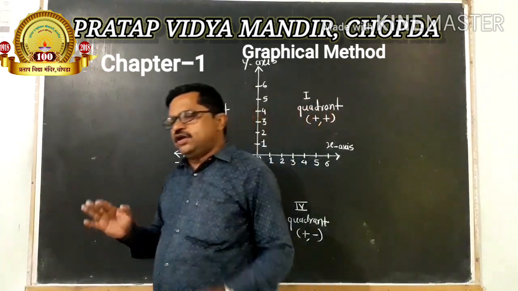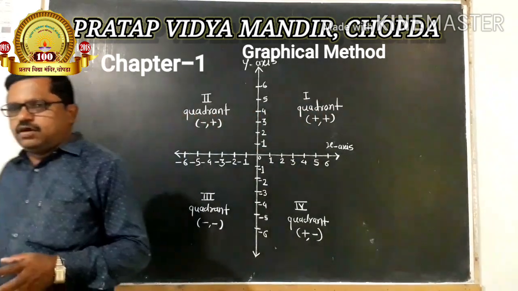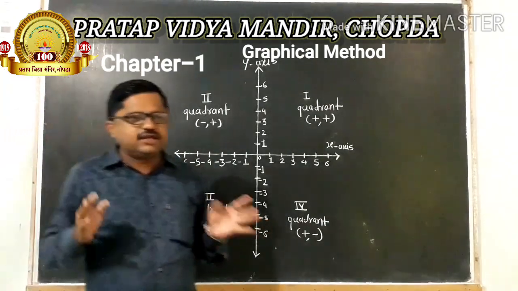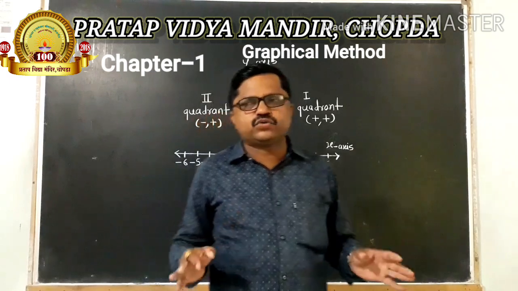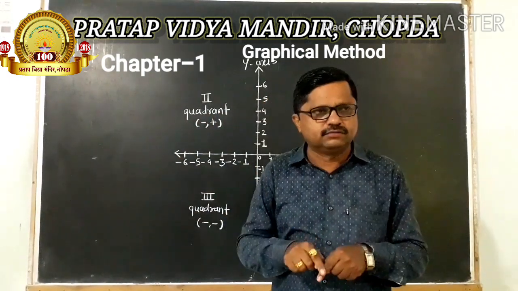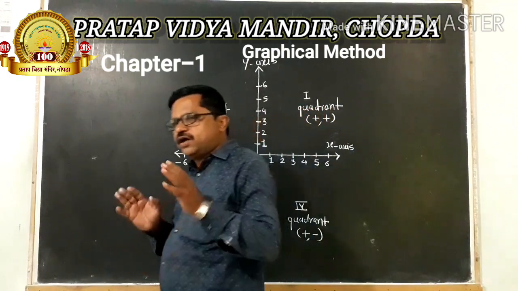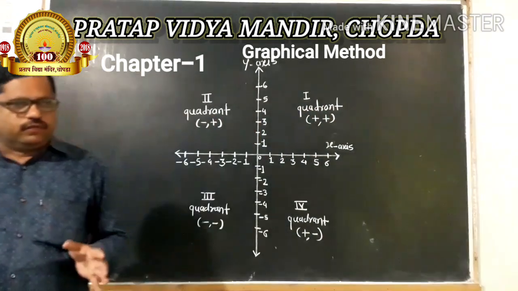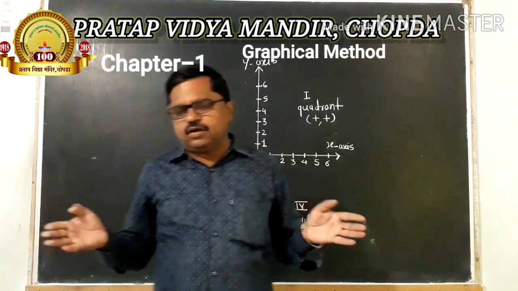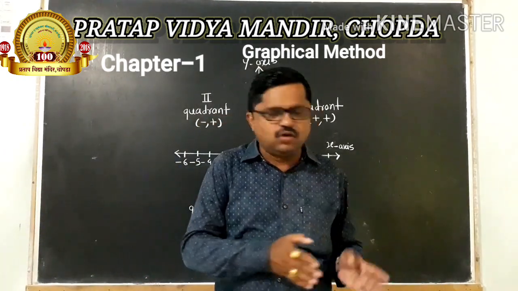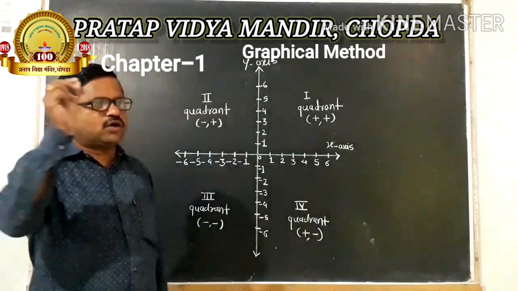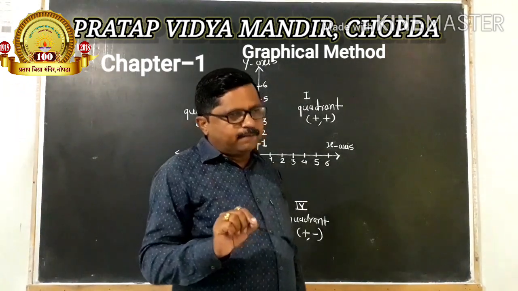In this graphical method we have to study how to solve linear equations by using a graph paper. For this, first of all, you must know what the axes are, what the x-axis is, what the y-axis is, what the coordinates are, and how to take a coordinate on the graph paper.